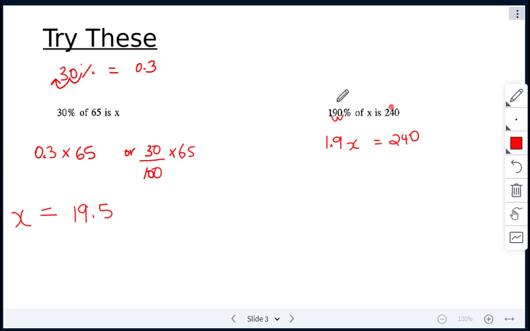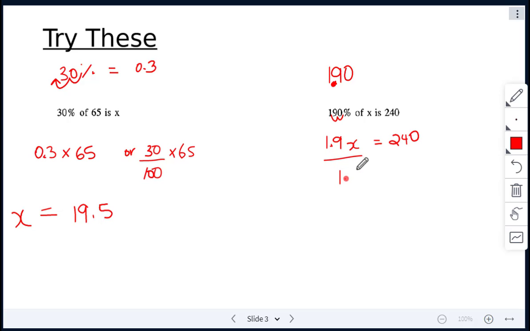For the second example, we have 190%. Putting 190% into decimal form, you can just move your decimal point 2 to the left. So 1, 2, your decimal point is there. So 1.9. And we know 190% of X, so 1.9 times X is equal to 240, and we have to solve for X. You do have to use your algebra skills a little bit here.